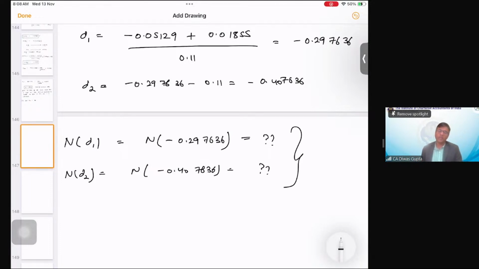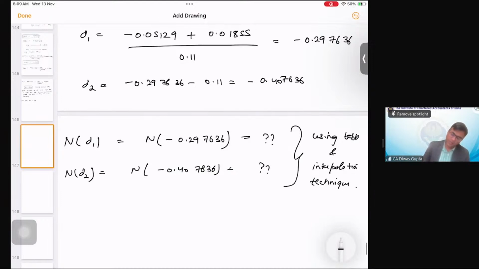So this is using the normal table. Using table and interpolation technique, I am not actually detailing out the calculation again because it will take a lot of time otherwise, right?